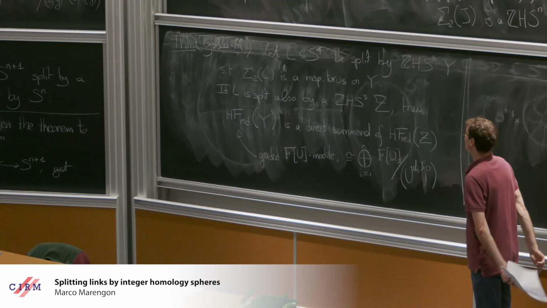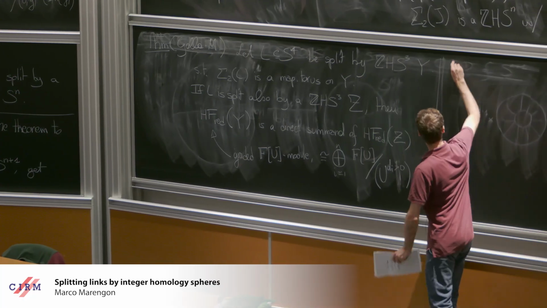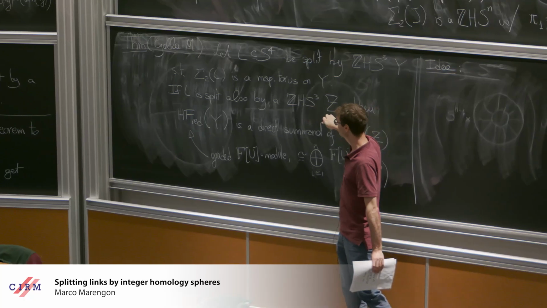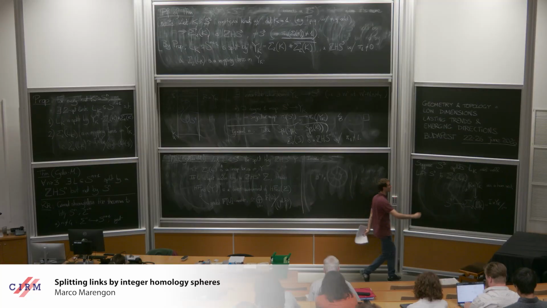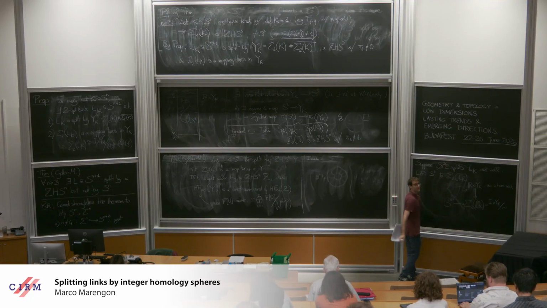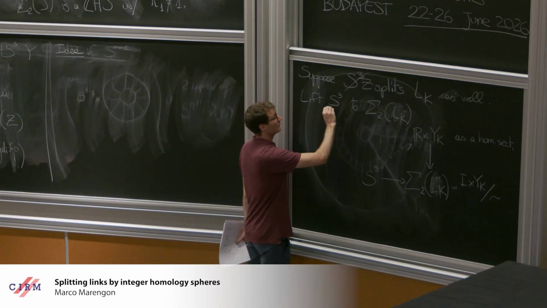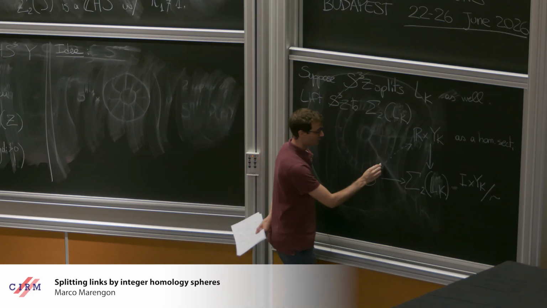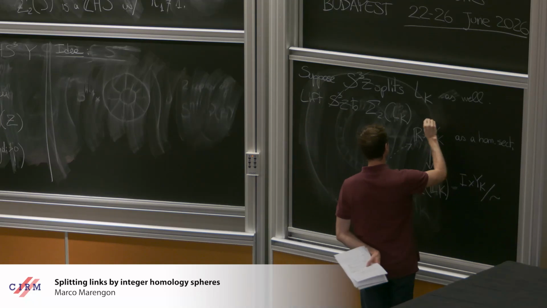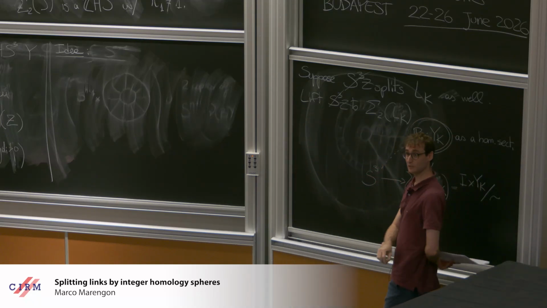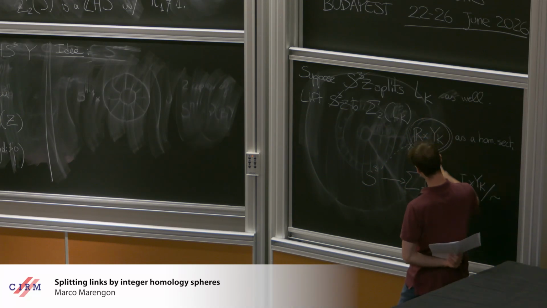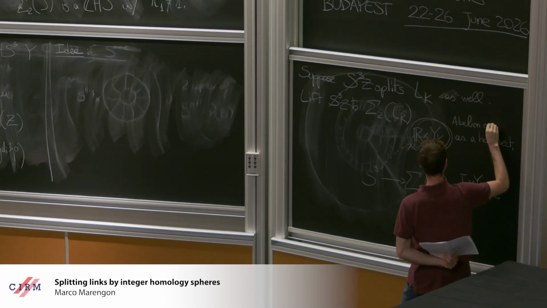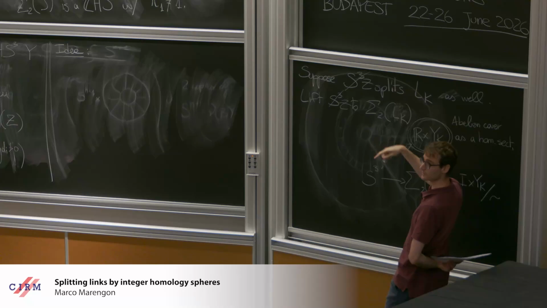Okay. And the idea of the proof is exactly the same. You run the same argument as before. So suppose by contradiction that Z splits LK, then you lift Z to the double branched cover of LK, and now it turns out that this cover is an abelian cover, meaning that the automorphism group is abelian.